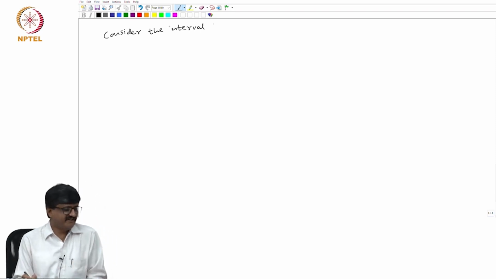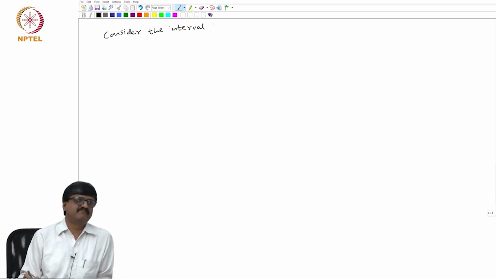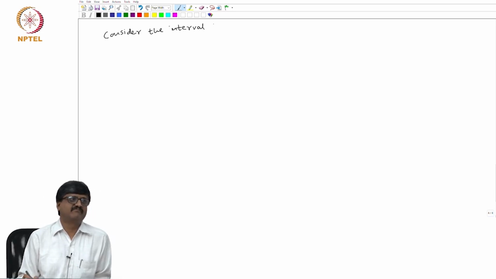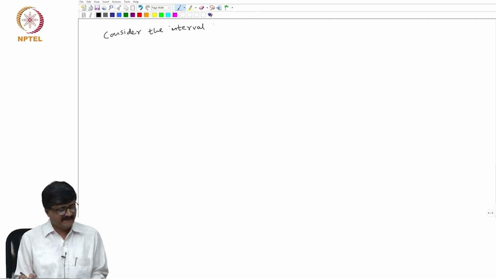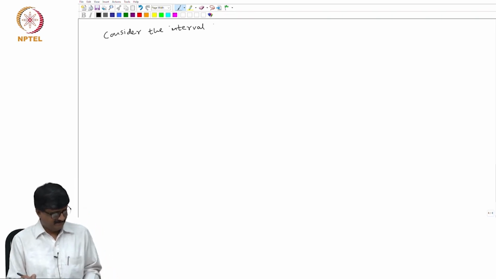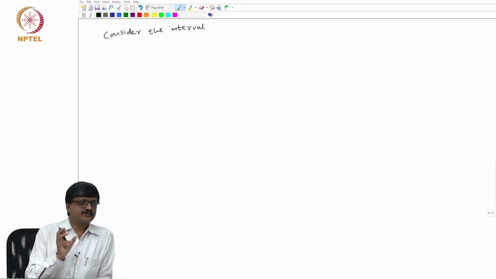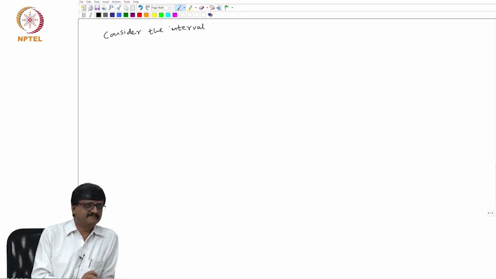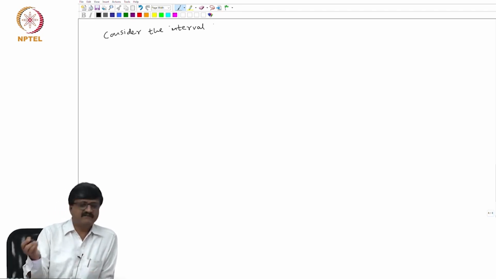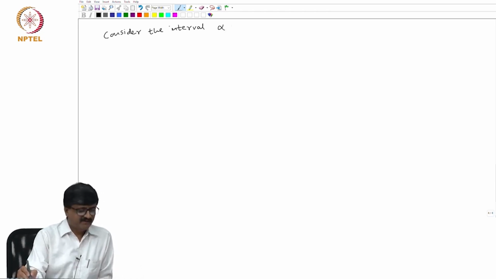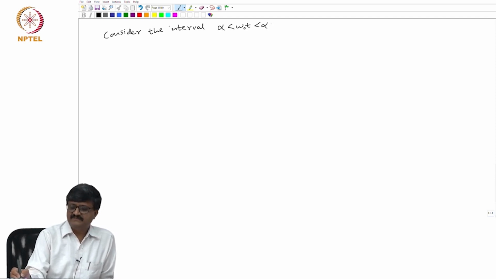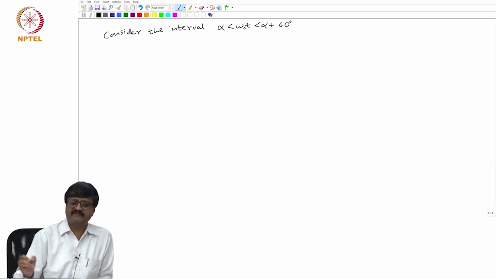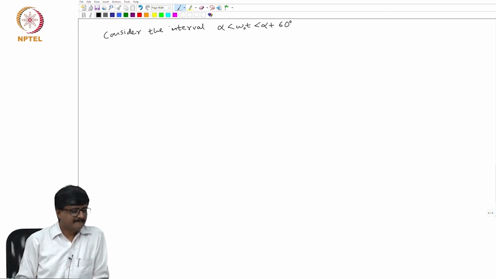See, one interval is 60 degrees. Any suggestion? Suppose I take the interval, the starting point of which corresponds to turning on of valve 3. At what instant valve 3 is turned on? Alpha. Suppose I take the interval between alpha and alpha plus 60 degrees. This is one interval. Okay.